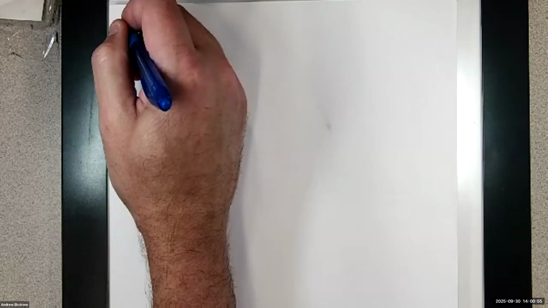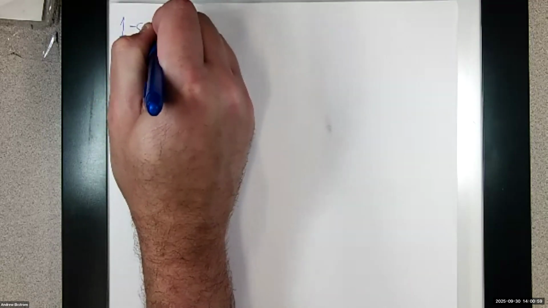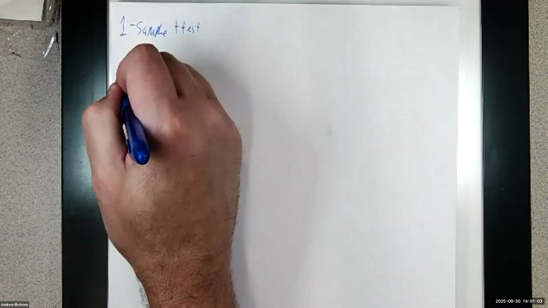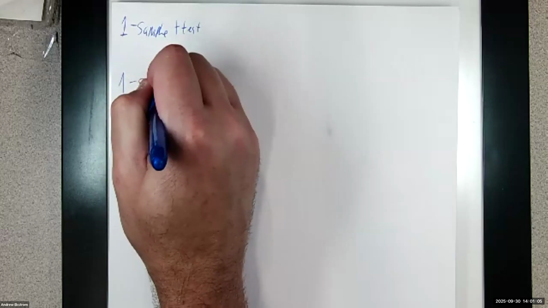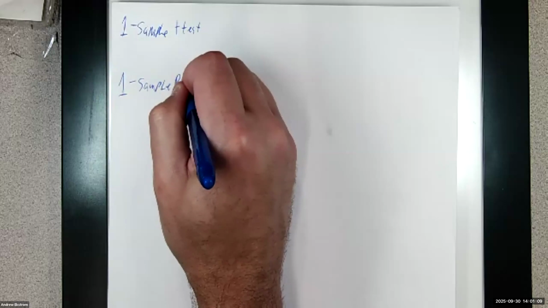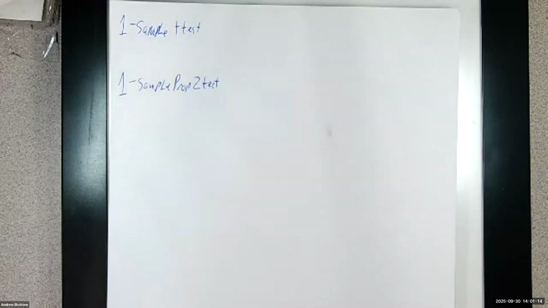But what we've been going through so far is we've got a one sample t-test, and we've also got a one sample prop z test. So these are, you have one group and you want to test it against a known value or a hypothesized value.